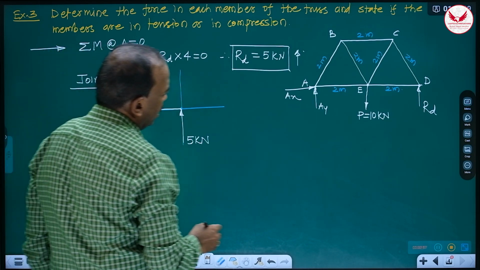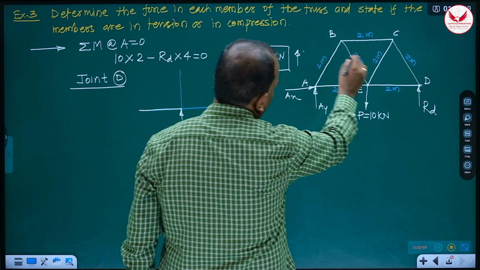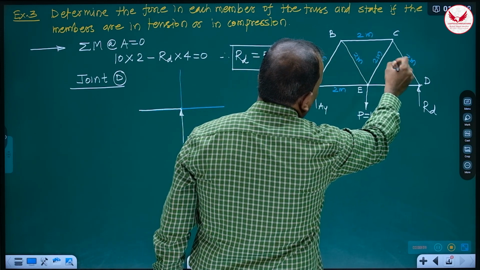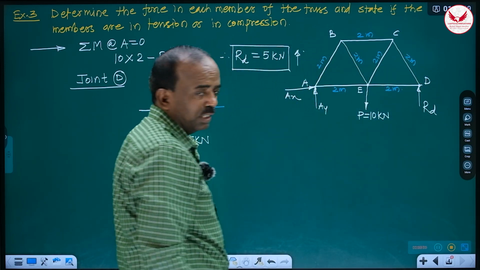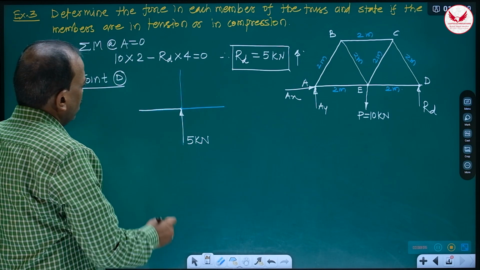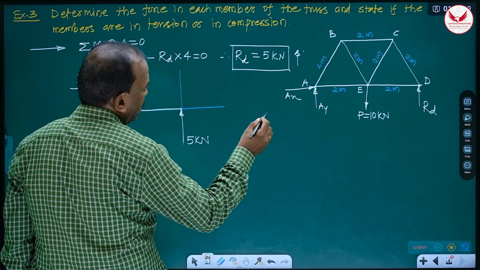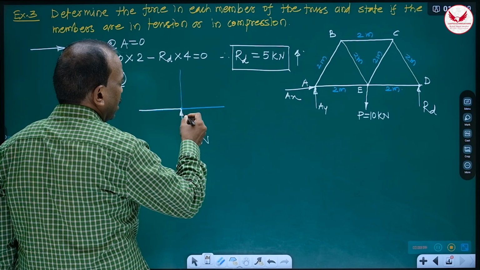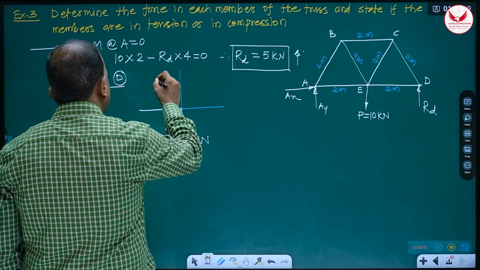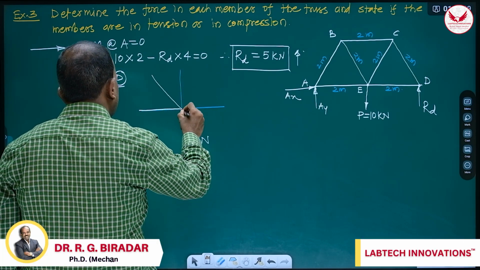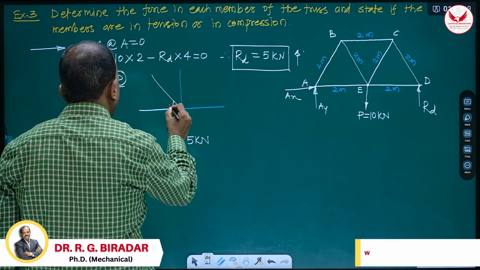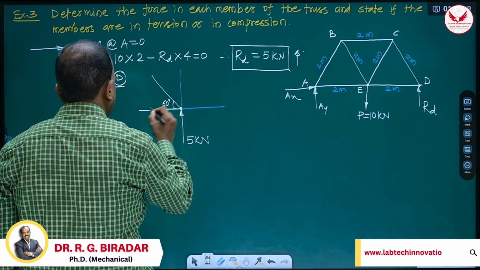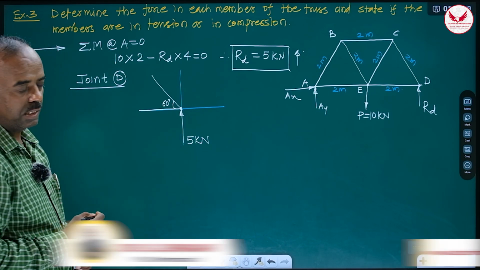So now here easily, whatever the inclined members are there, equilateral triangles, means all the inclined members are making 60-degree angles. So CD member will make 60-degree angle with horizontal. So here we have to write that this is 60.